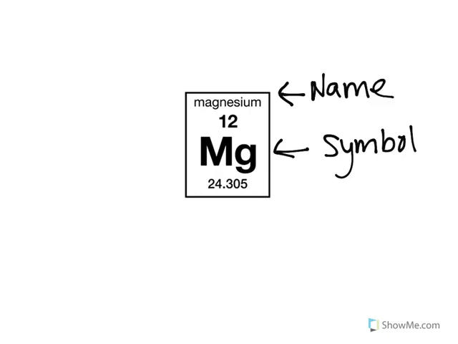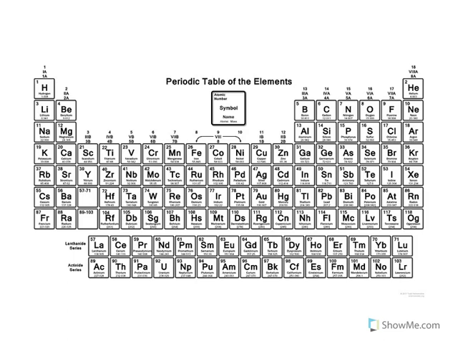If we look back at our periodic table, we have hydrogen here, and that's just abbreviated to H. If we go down one more, we have lithium, and that's abbreviated to Li. But not all names are abbreviated quite as nicely as this. If we go down and have a look at lead, for example, lead's abbreviation is Pb.